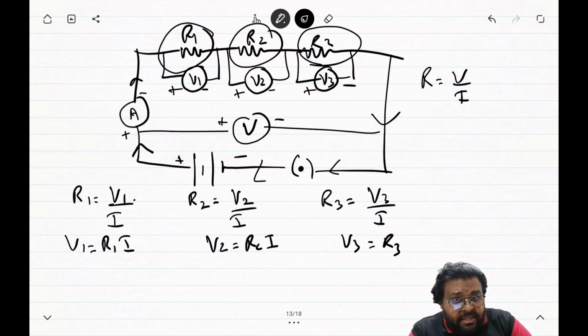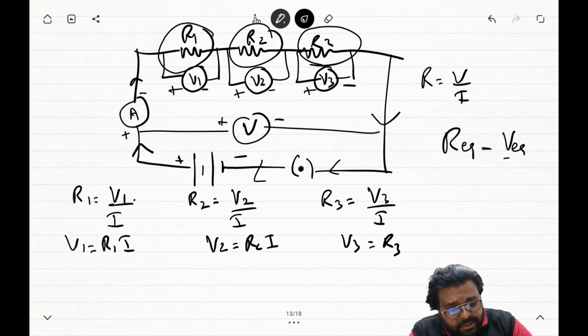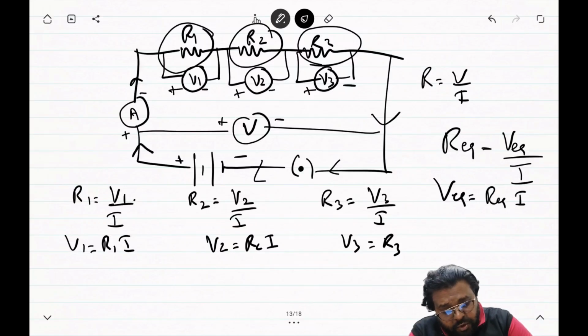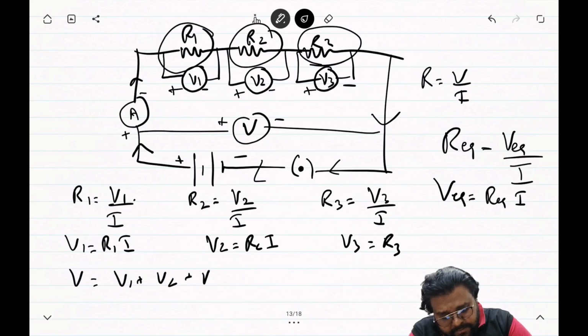And if I replace all these three resistances with a single resistance, let that be R equivalent or R total, that should be equal to V equivalent or V total upon I. That means V equivalent is equal to R equivalent into I. And so this total V is equal to V1 plus V2 plus V3. We can put these values.